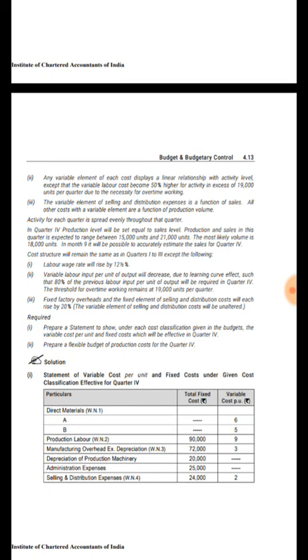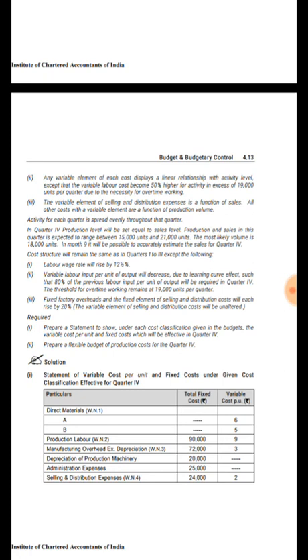Cost structure will remain the same as in quarters 1 to 3 except the following. Labor wage rate will rise by 12.5%. Variable labor input per unit of output will decrease due to learning curve effect, such that 80% of the previous labor input per unit of output will be required in quarter 4.